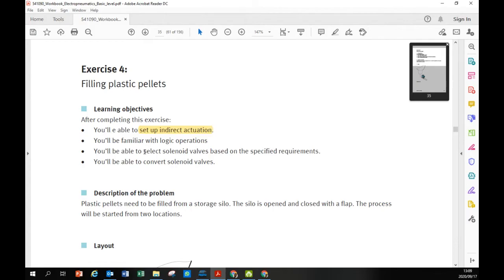So we are required to be able to select the correct solenoid valves based on specified requirements. And also here they want you to be able to convert solenoid valves.